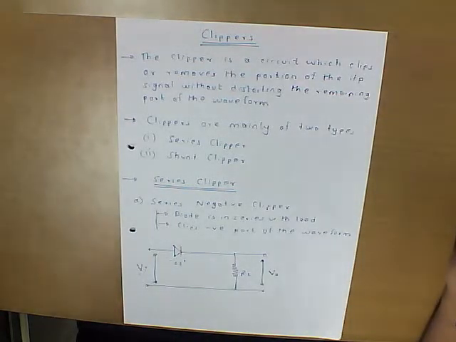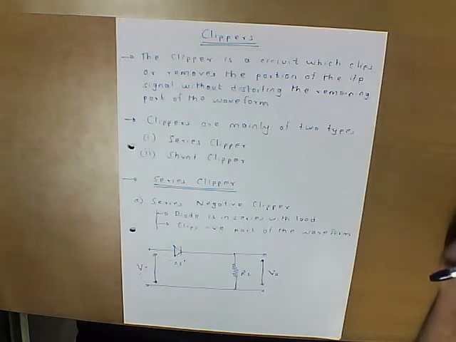So clippers are mainly used for wave shaping and various other operations. So class A amplifiers, class AB amplifiers, class B operation, class C amplification, all the different circuits can be classified in some form of the clipper.